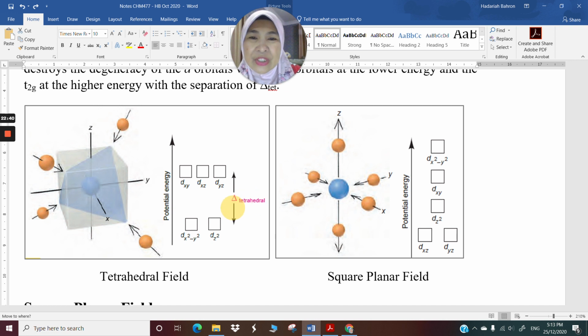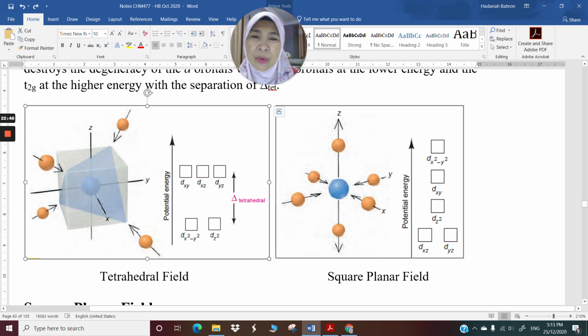So delta tetrahedral for the same metal and the same ligand is always small compared to delta octahedral.